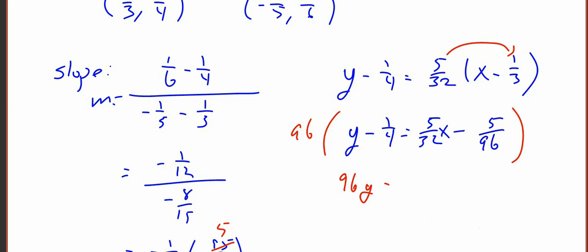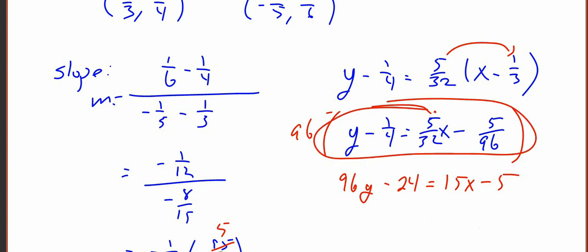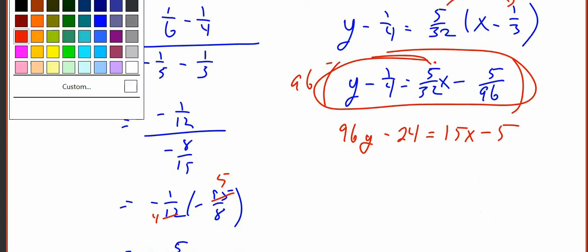So 96 times 1/4 is going to be 24. Now 96 times this is going to be 15, and 96 times that's going to be 5. So I'm multiplying everything in here by 96, and that should get rid of all of the fractions.